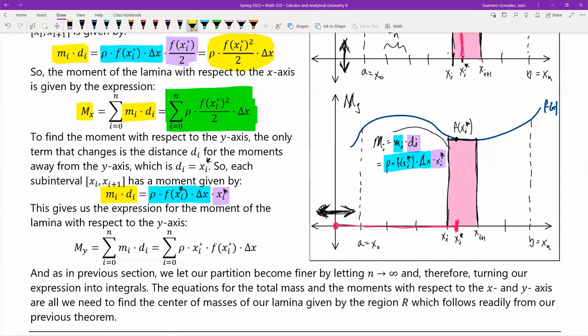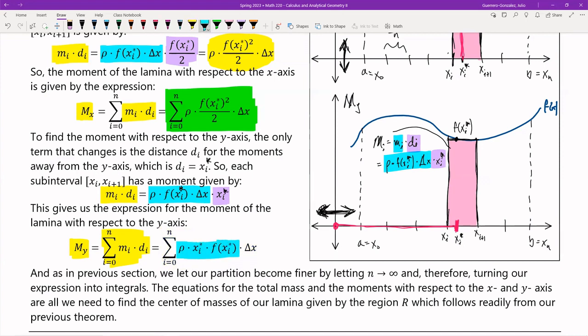So the idea here is if we do this for every single rectangle and we sum up all of the moments, we get the moment of this entire shape with respect to the y-axis. Notice how this is the same breakup from before.